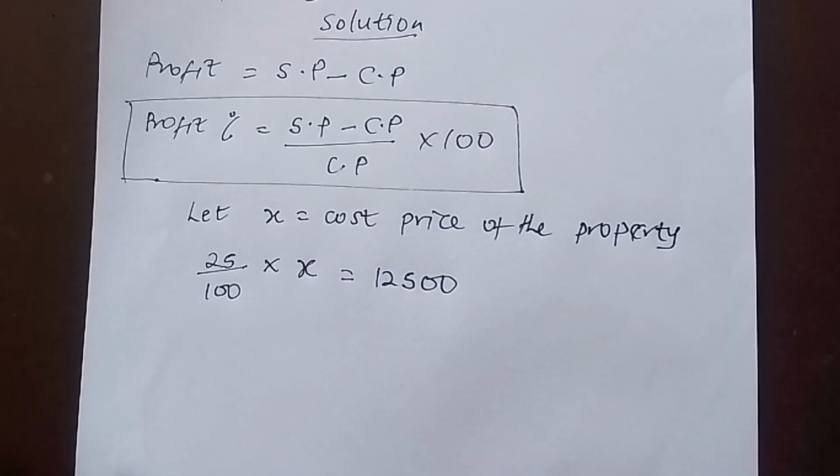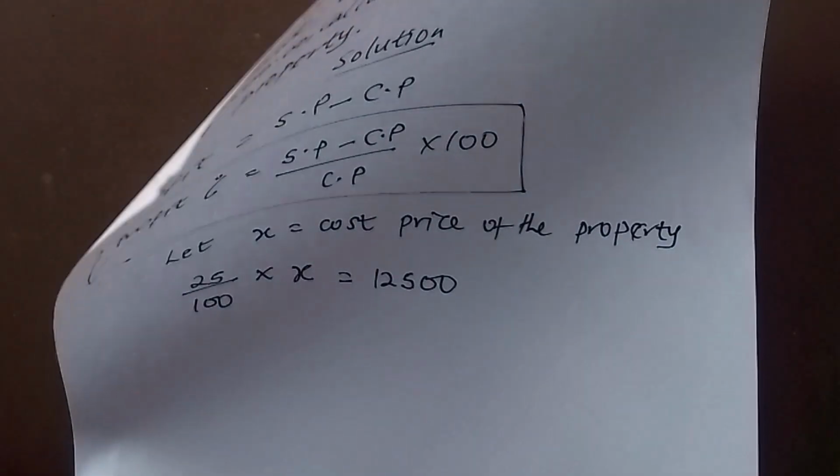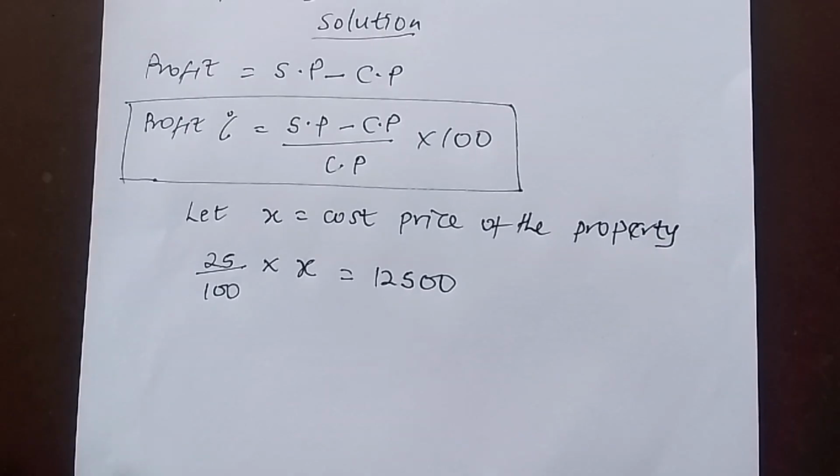Because you are being told that he made a profit of 12,500, which in percentage is 25%. So our 25% gives us a profit of 12,500.